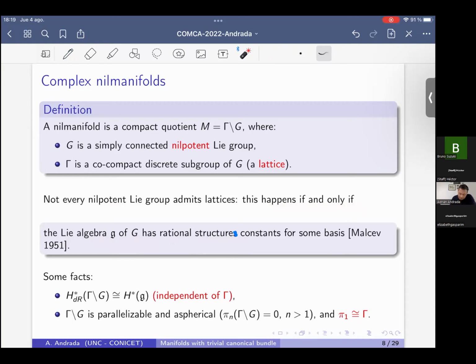It is also known that the de Rham cohomology of the nilmanifold is isomorphic to the cohomology of the Lie algebra. This is a theorem by Nomizu. And moreover, these manifolds are parallelizable and aspherical, and the fundamental group is isomorphic to the lattice Gamma.